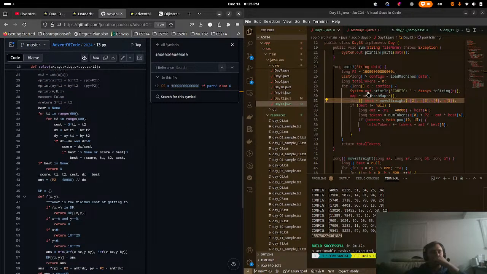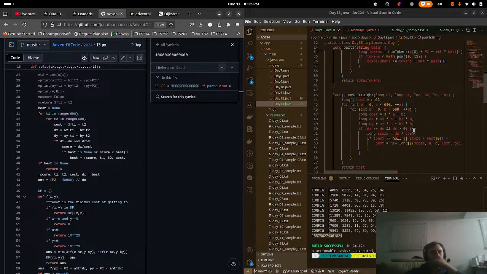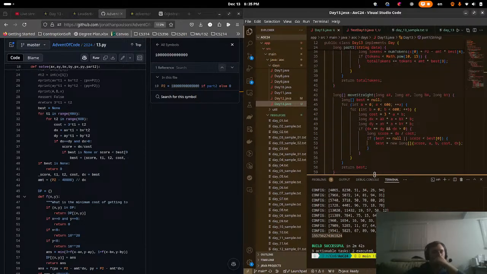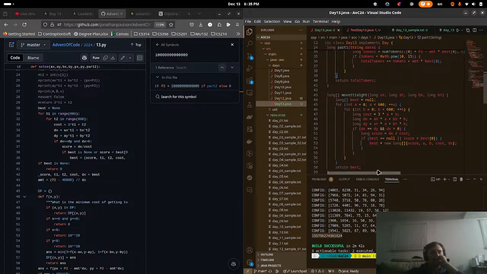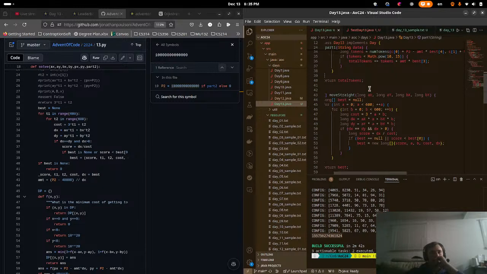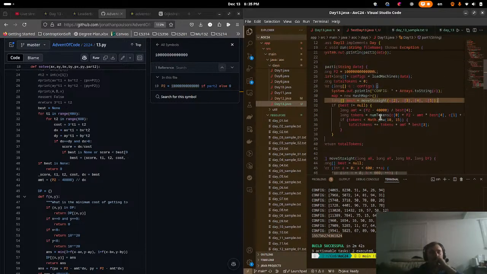Probably because whatever these constants are, they're particular to our different inputs. If it's too high, then I probably went too far. Dang, man.